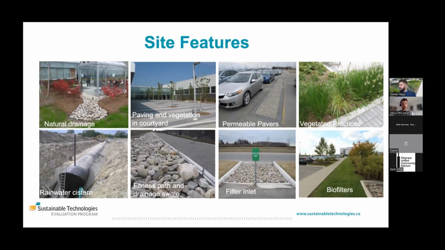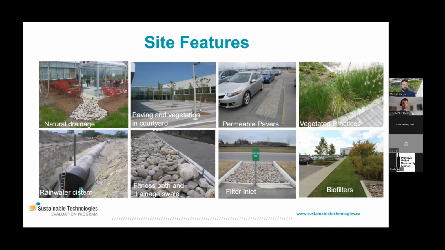They had filter inlets and their biofilters installed throughout, and they were able to actually save a lot on their site. In terms of the amount of land cover that LIDs took up, it was only about 2%. The concern with using a traditional stormwater management pond and end-of-pipe controls was that it was going to take up more than 6% of the area, and that's what they were able to change into available play areas for the basketball court, baseball diamond, and soccer field.